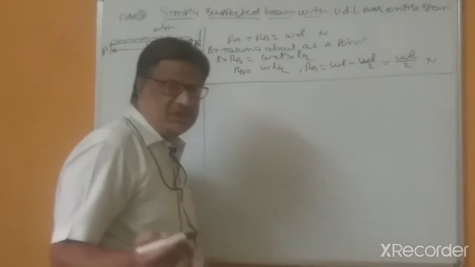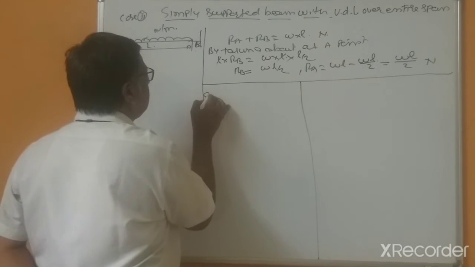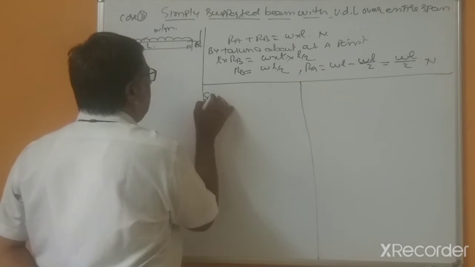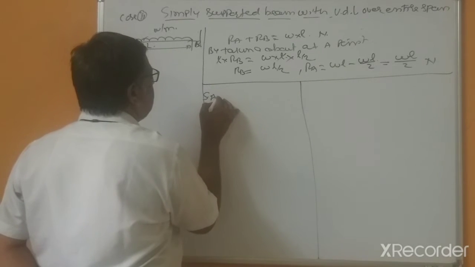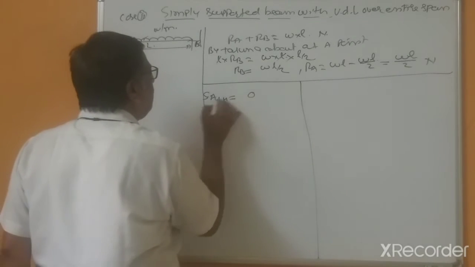Without wasting time, I will draw the shear force. At the left hand side of point A, shear force is equal to 0.